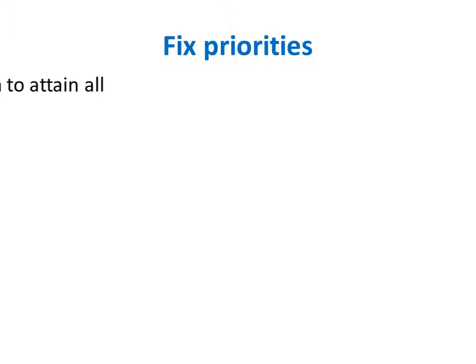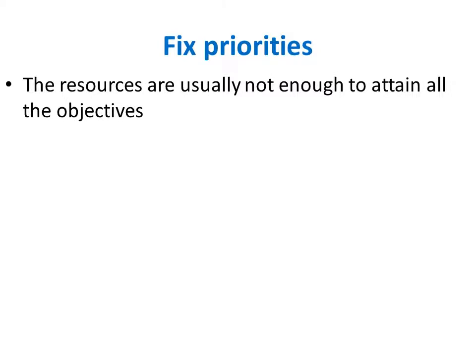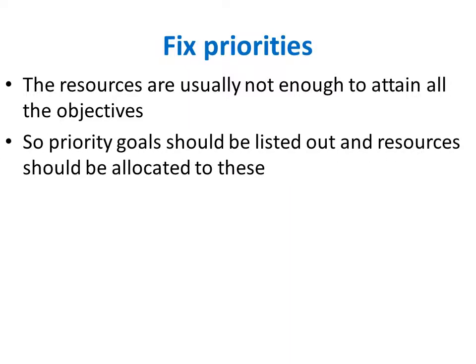The resources, whatever the amount, are usually not enough to deal with all the objectives at the same time. So in accordance with the available resources, we have to prioritize which objectives should be dealt with first, followed by the other ones. So priority goals should be listed out and resources should be allocated to these first.